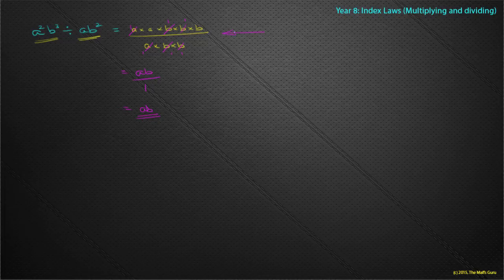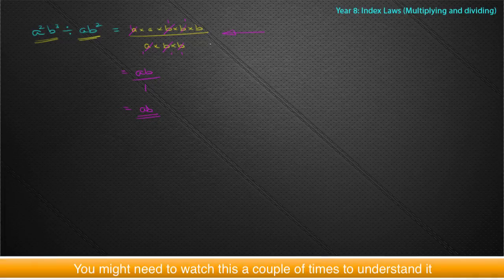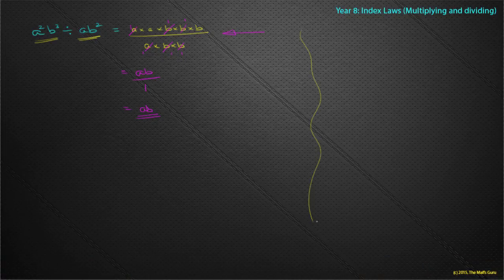Really big hint here is write it out longhand and then use the idea of cancelling. But I just want to make sure that you remember something here. If I had an example where I had a times a plus b times b times b divided by a times b times b, this cannot currently be cancelled down.